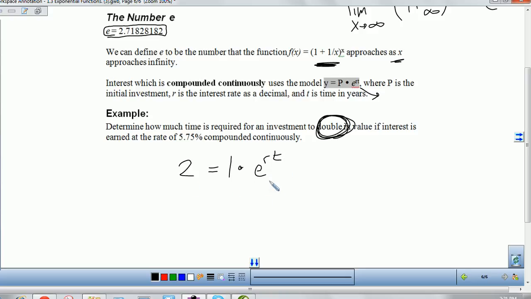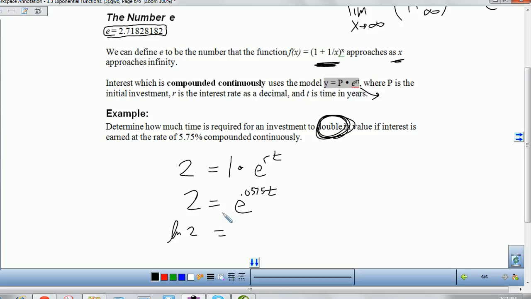Okay, so it's going to look something like this. And they also give us our rate, and they want to know the time. So it's just going to be 2 = e to the 0.0575t. Solve for t. So you're going to do the natural log of each side, or log, it doesn't matter. You'll get the same answer. So natural log of 2.